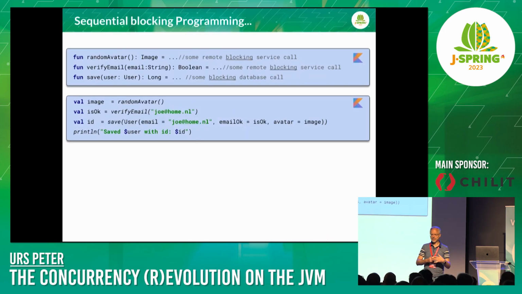We start at a place which has nothing to do with Loom or coroutines, but simple blocking code. This example I've used throughout my presentation in various forms. This would be the most simple one, where we do 2 or 3 remote network calls, which are all blocking, and eventually we save a user in a database.